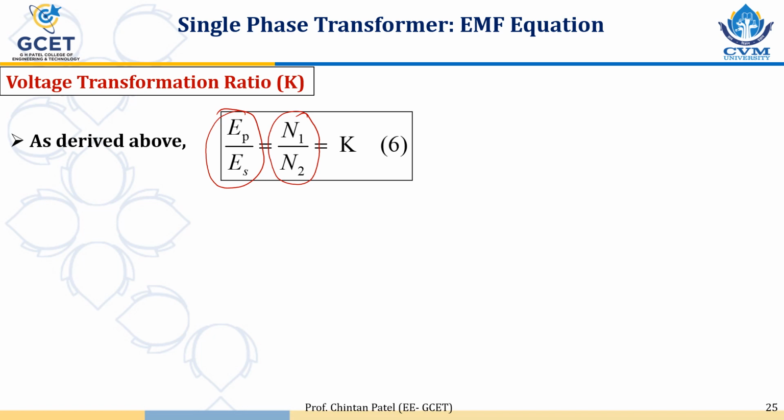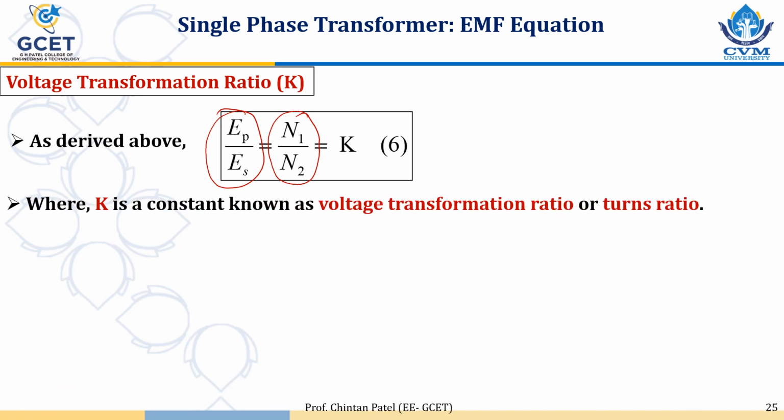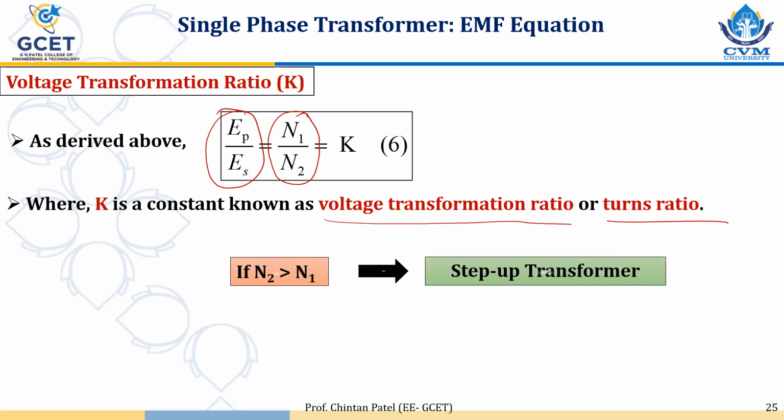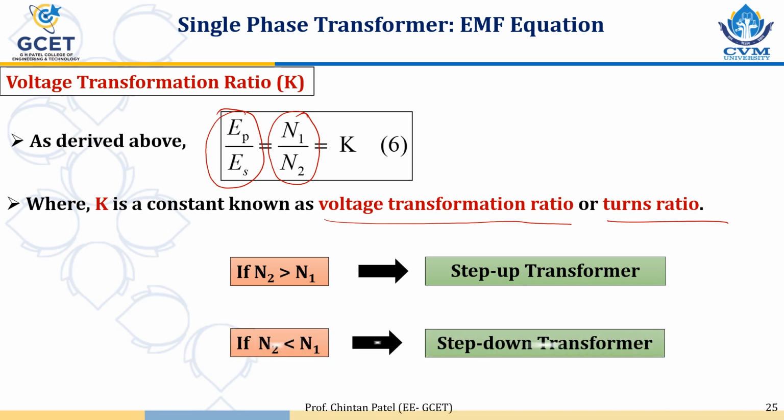This ratio is called the voltage transformation ratio, and K is also known as the turns ratio. If you take N1 upon N2, it is the turns ratio, and if you take Ep upon Es, it is known as the voltage transformation ratio. If N2 is greater than N1, it is a step up transformer, otherwise it is step down.